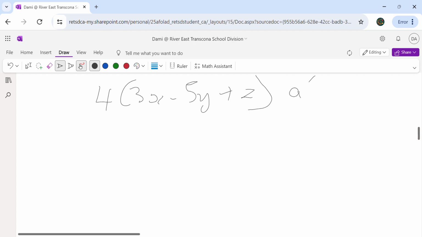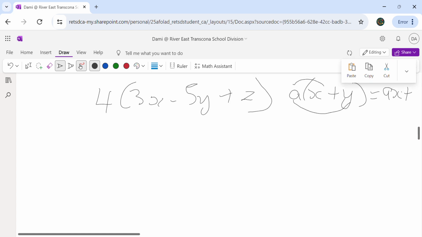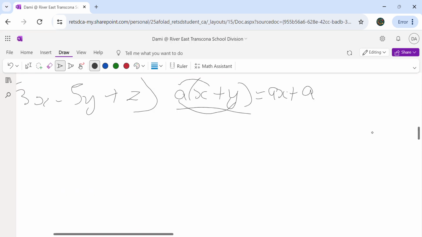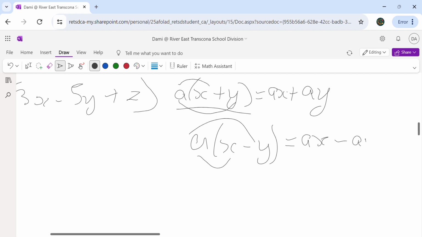If you have a times the bracket x plus y, multiply like this, and you get ax plus ay. And if you have a times x minus y, you have ax minus ay.